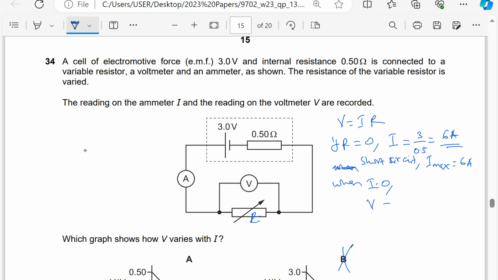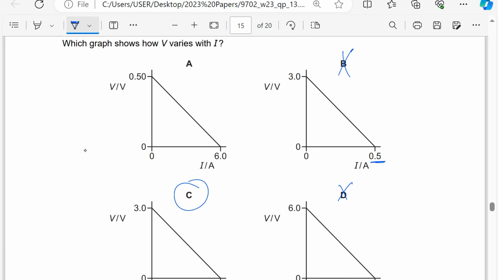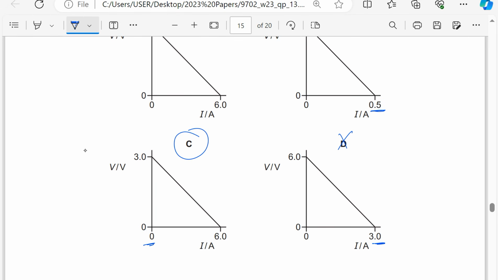Then V should be equal to the EMF, which is 3.0 volts. When there is no current being delivered, the reading of the voltmeter is the PD across the terminals of the cell, which is the same as the EMF, 3 volts. So that means our answer is automatically C. When the current is 0, the V is the EMF.